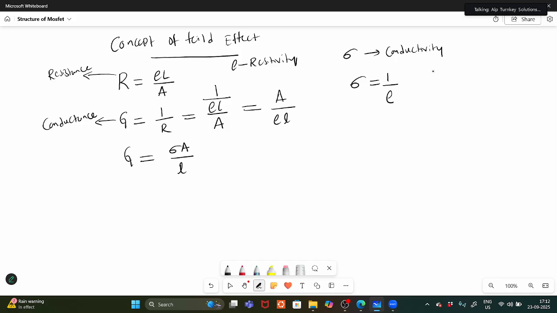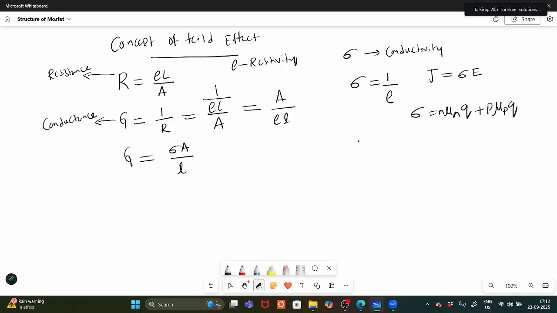And we see in the drift current, in semiconductor physics, drift current equal to sigma into E, where sigma is the conductivity. Sigma equal to n mu n q plus p mu p q. We already saw this during semiconductor physics.